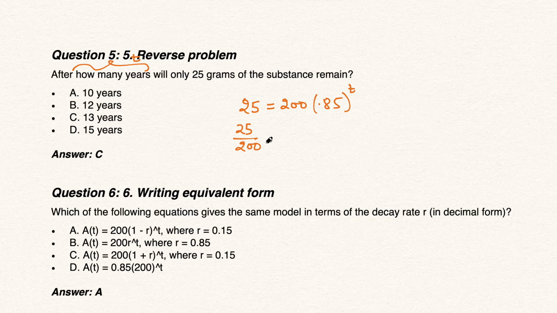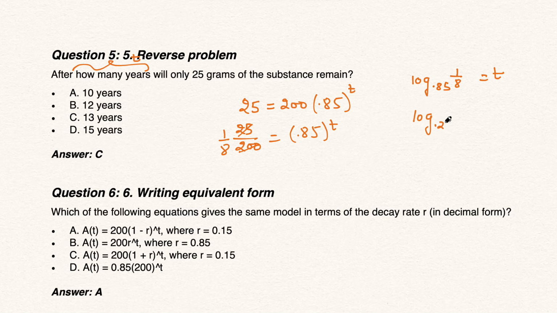Dividing by 200 on both sides, it's equal to 0.85 raised to power t, which in turn is 1 by 8. Okay, now let's again apply log. Log of 0.85 is the base, this becomes the power, and this number becomes the value of the log.